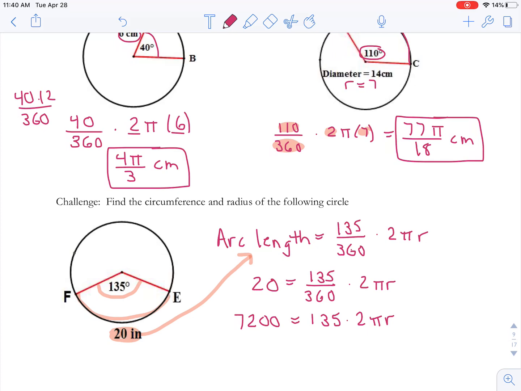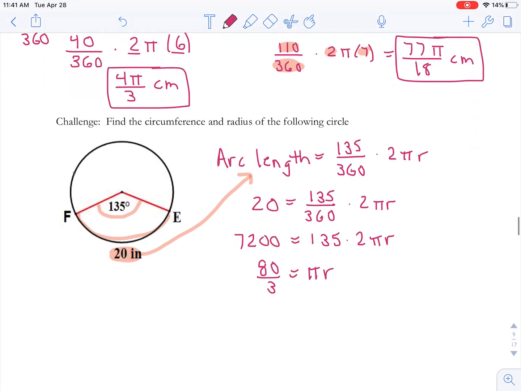Okay, then I can do 7,200 divided by 135. And then divided by 2. And that's going to give me a decimal, but if we look at that, that fraction works out to be 80 over 3. So we end up with 80 over 3 equals pi r.